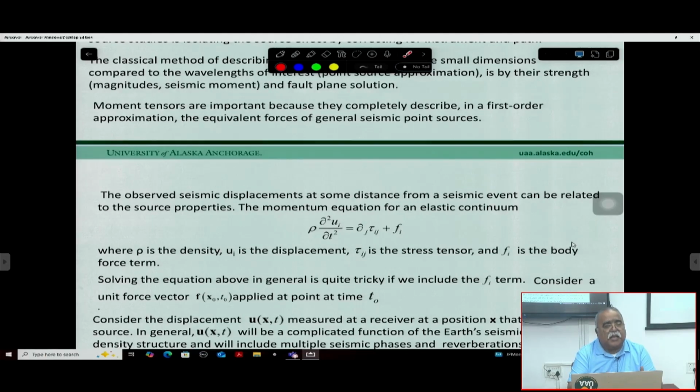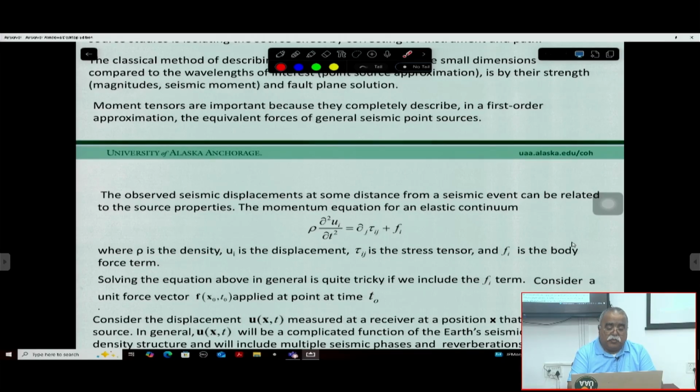As I said, these rocks have some elastic property, so it is an elastic body or elastic continuum, and in this elastic continuum Newton's laws of motion are applicable.